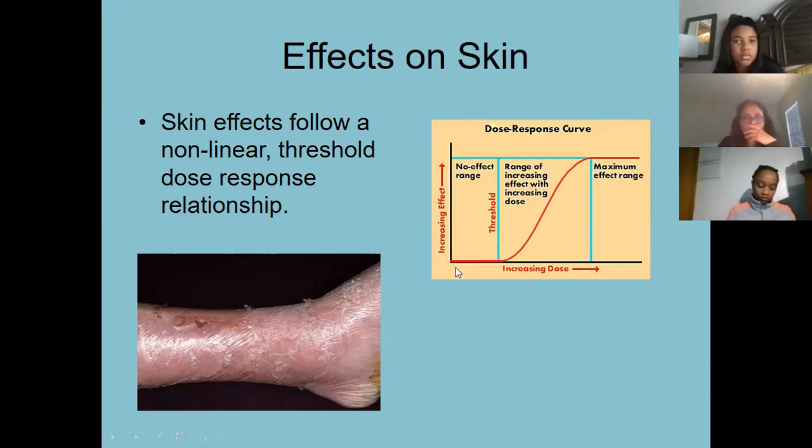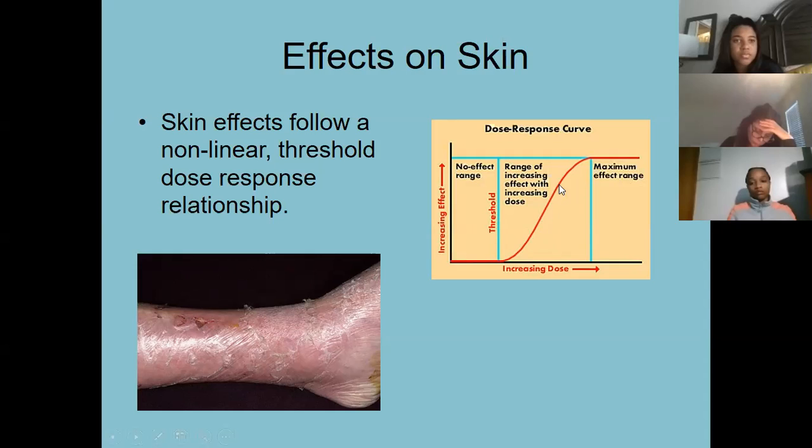So as a person is receiving radiation, we do not see effects to the skin until we hit the threshold. Once the threshold is reached, we start to see effects on the skin.